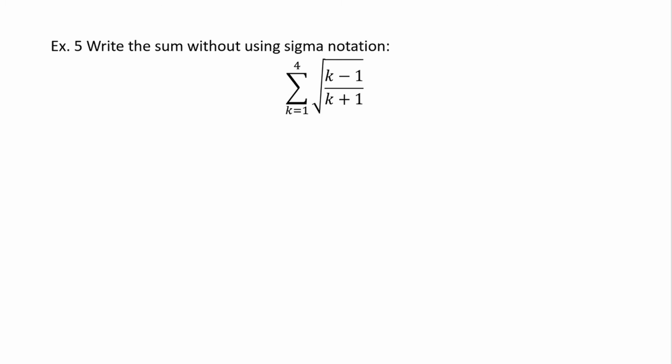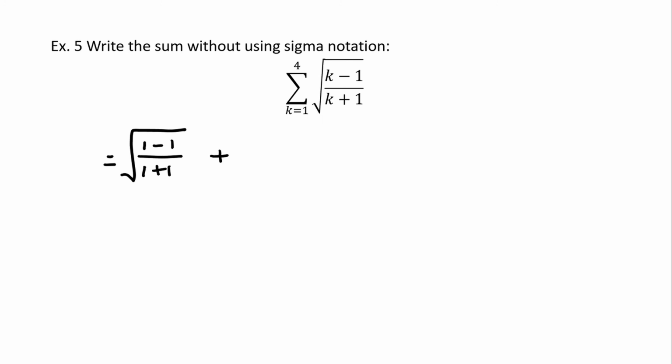Write the sum without using sigma notation. The sum k equals 1 to 4 of the square root of k minus 1 quantity divided by k plus 1. So we're going to expand this, and we'll put in the numbers as we go through the index. This will be equal to the square root, starting at k equals 1, 1 minus 1, divided by 1 plus 1.